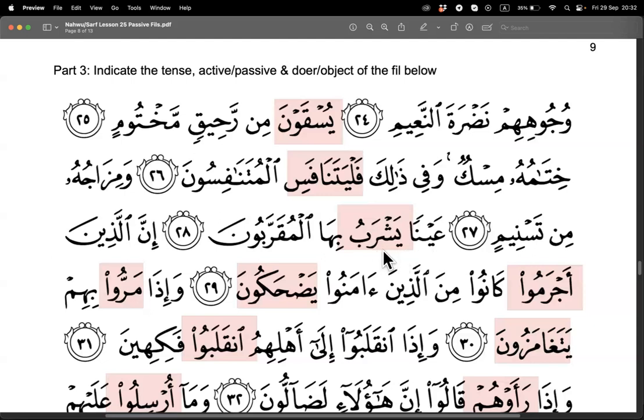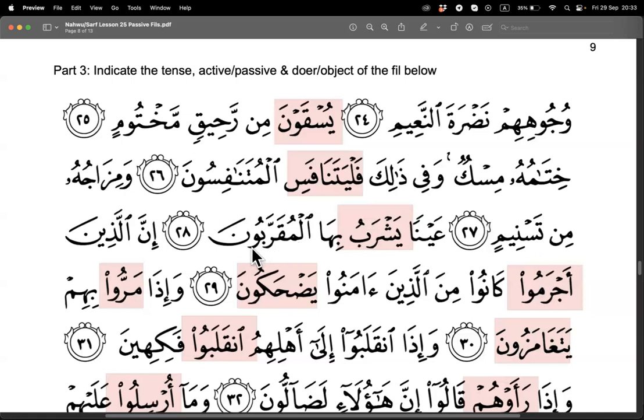Yashrabu will be fi'il mudhari ma'lum. Yes, good. And then the fa'il will be huwa. Okay. Biha, jar wa majrur. Good.